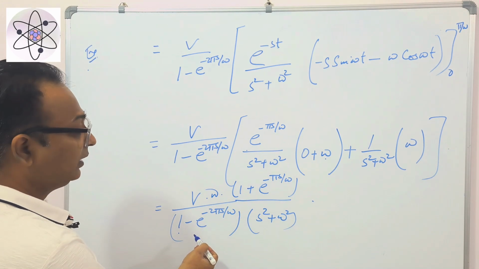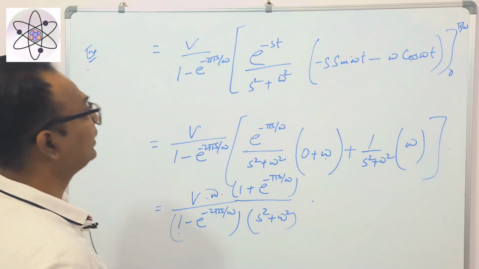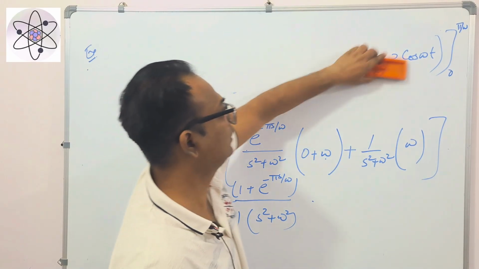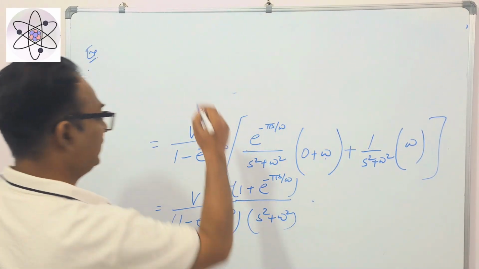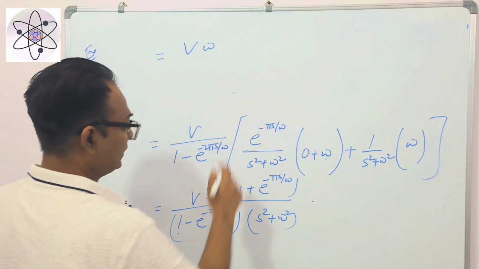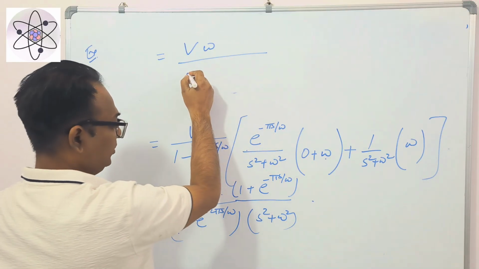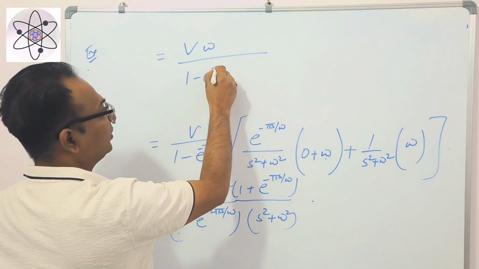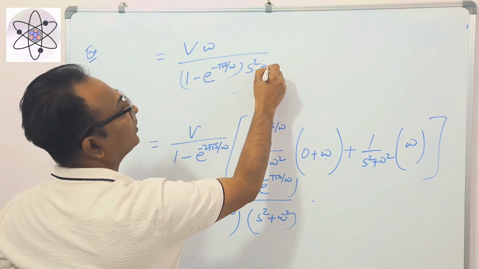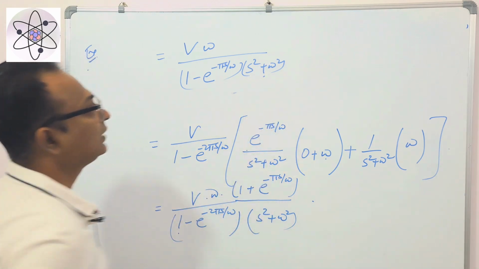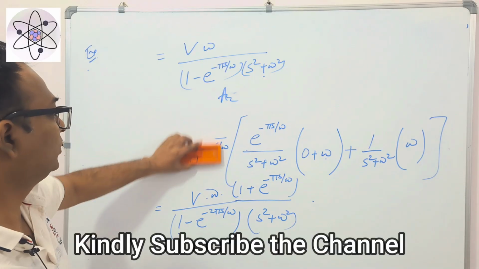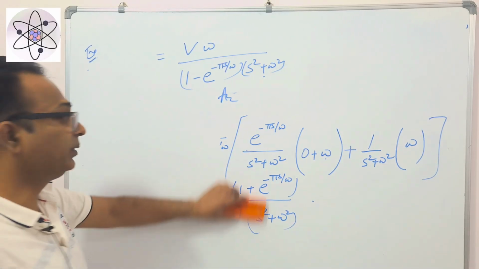So here we'll get a minus b. So this will effectively come to V omega, and this cancels. So in the denominator we'll get 1 minus e to the power minus pi s by omega, into s square plus omega square. So this is our answer. This is how we take the Laplace transform of periodic functions.